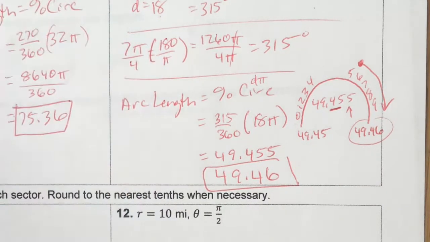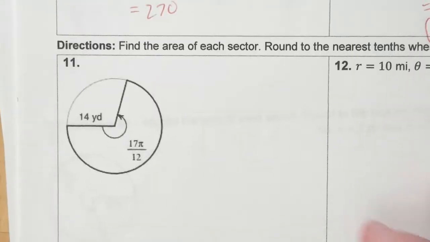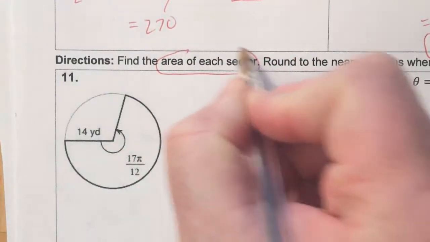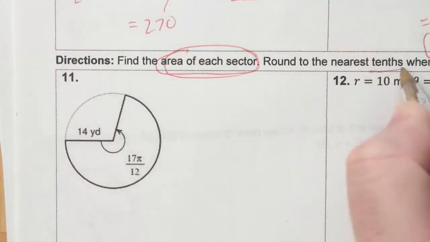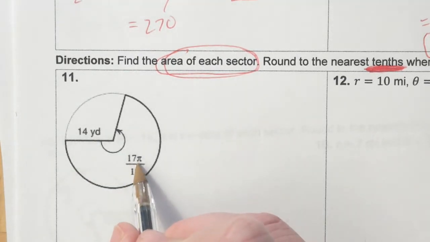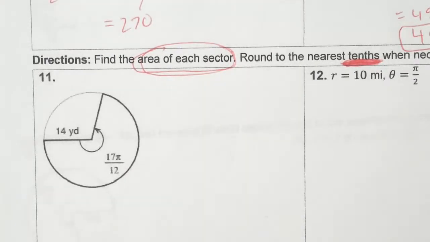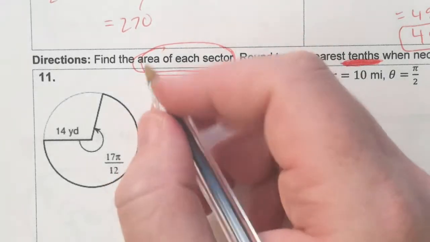Awesome sauce. All right. Let's go to number 11. So this time they want the area of the sector. And they said round to nearest tenth this time. Ooh, the tricky little buggers. Okay. Well, first of all, I am noticing that I have 17 pi over 12. So let's go ahead and change that to degrees.